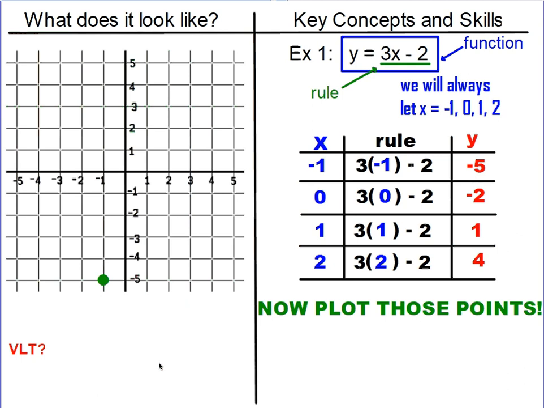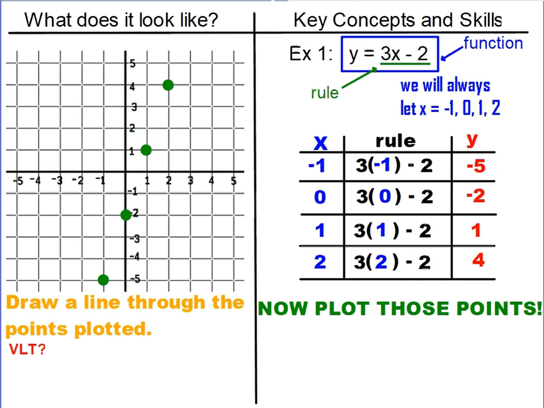And so we have our point there. And so as you're plotting these points, you're going to kind of notice a pattern. So now that we have these 4 points plotted, you have to draw a line to connect them all. And so that will give you the line of the graph for our function y equals 3x minus 2.